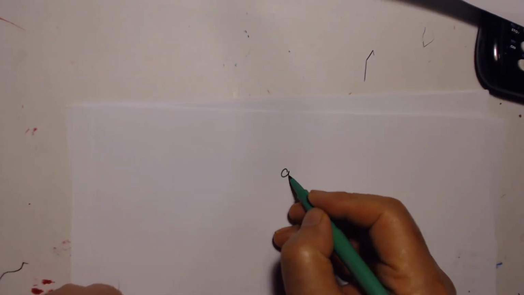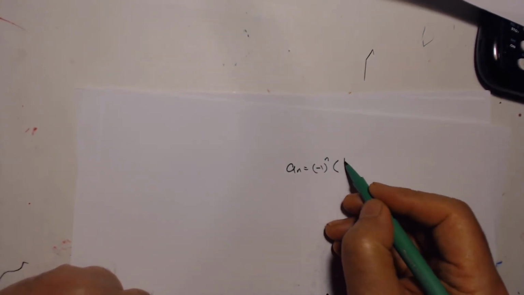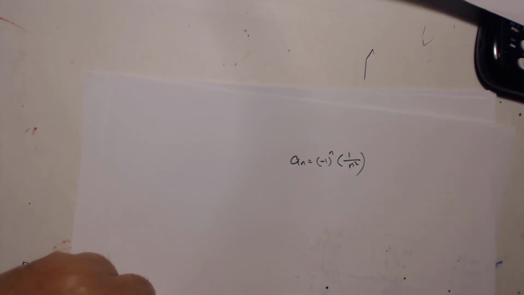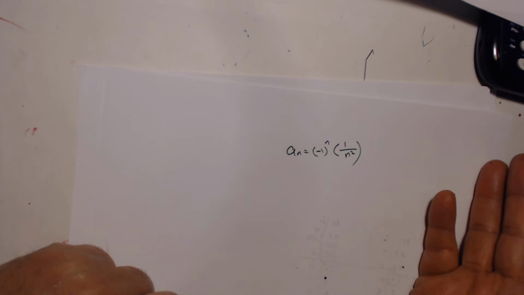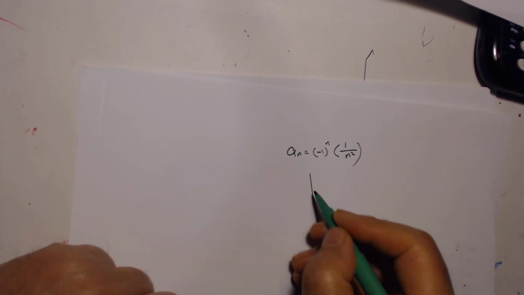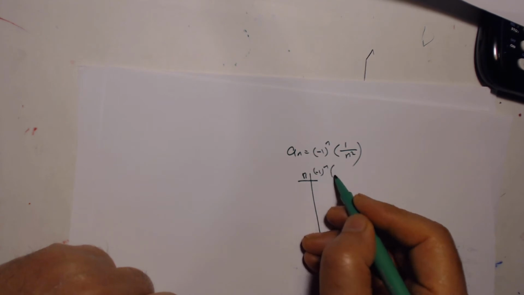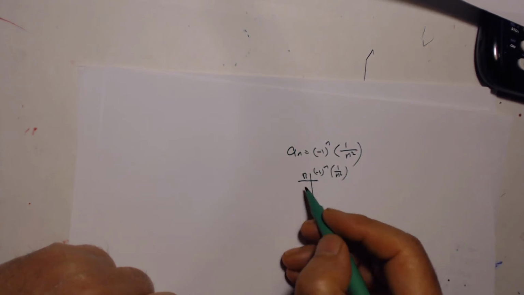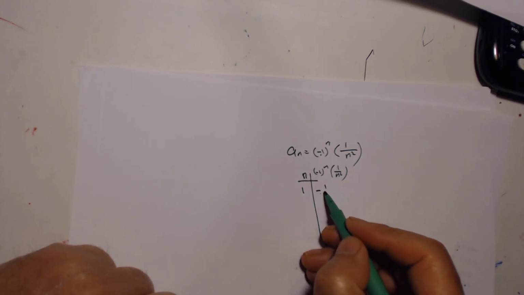Also, something else. Sometimes you have a sequence of negative 1 to the power of n times 1 over n squared. They said, what happens when n is 0? You cannot have 0. When n is 1, negative 1 to the power of 1 is negative 1.